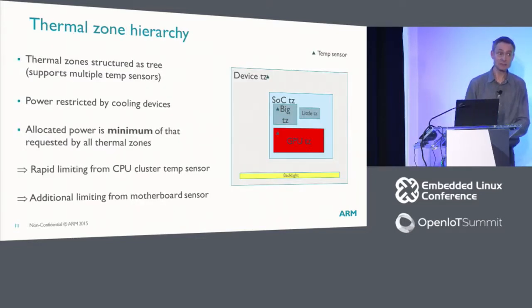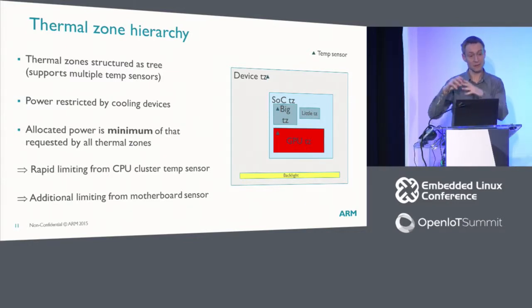Okay, so IPA supports a thermal zone hierarchy as well. So what you can do is have a thermal zone for your SoC, which is a rapid response zone that's limiting the power and temperature of the SoC, keeping the SoC within that operating temperature range. So that could be the big cores, the little cores, and the GPU. And the triangle here is the temperature sensor.